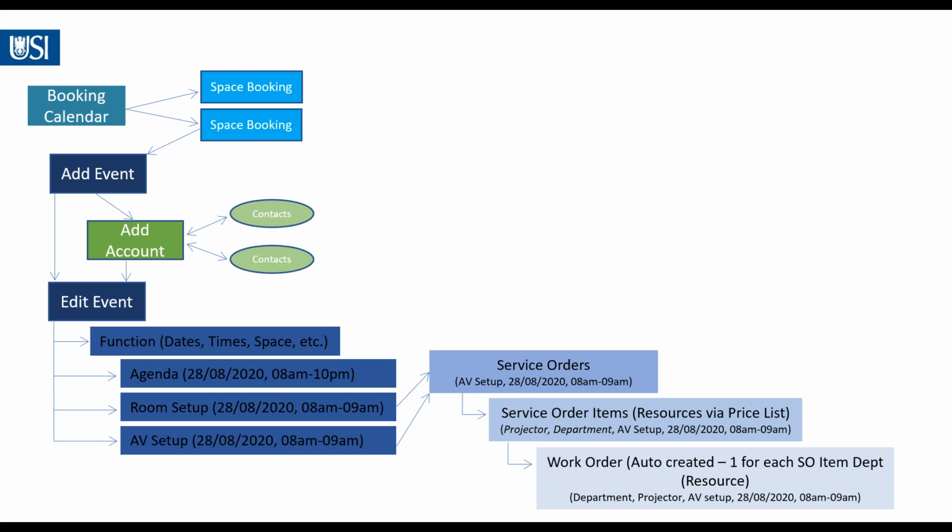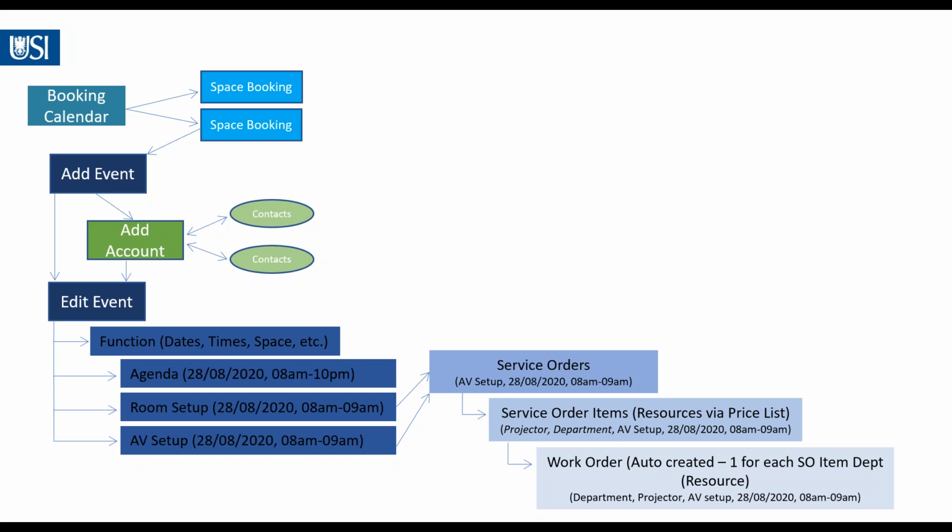So as I mentioned, our work order is automatically created when we add a service order. So that just sections it out into departments. So that would be into our resources. So we can list out all of those items within there via our price list.